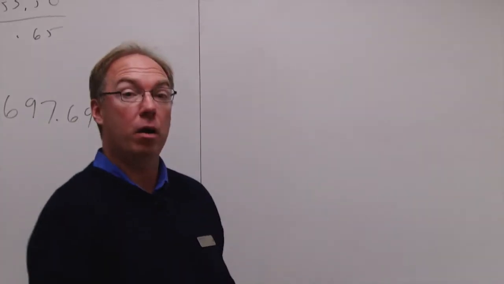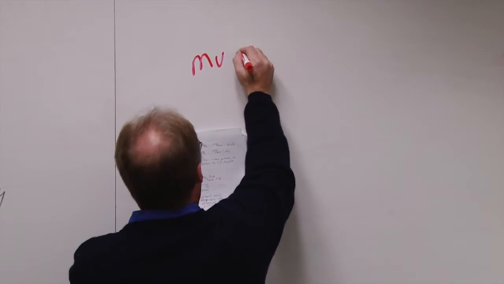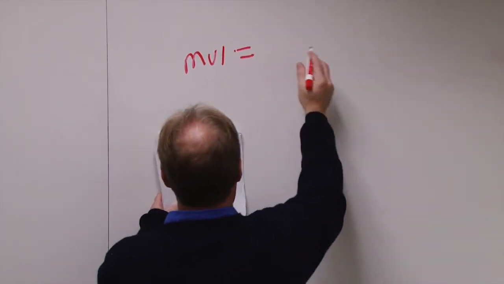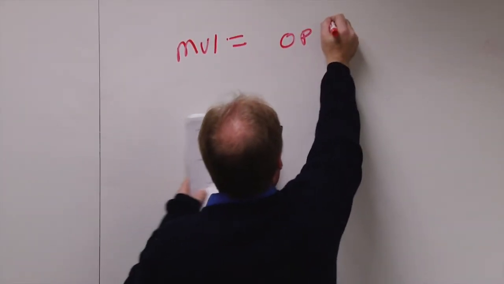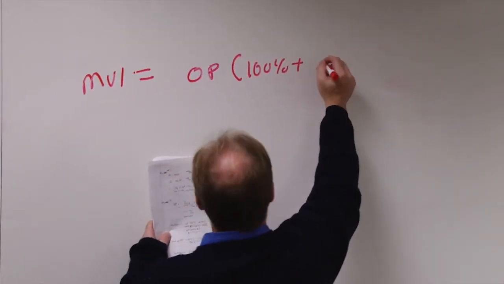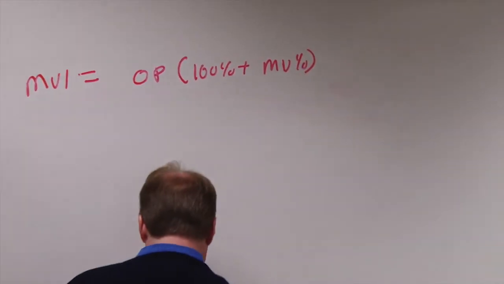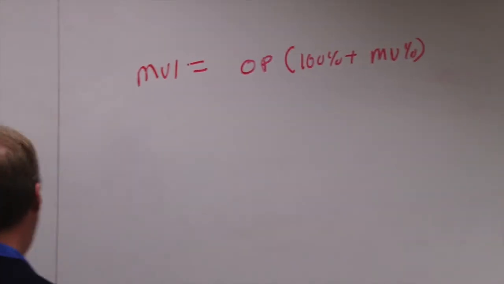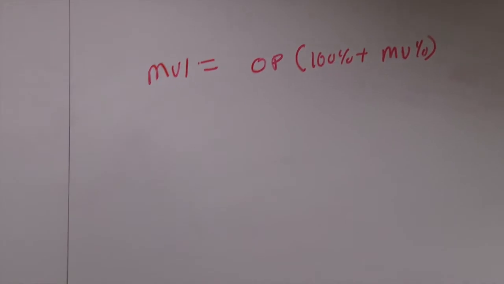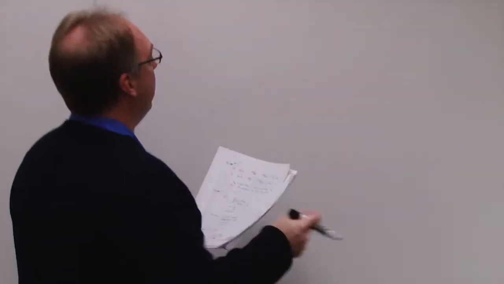So now we have a markup. So markup 1 is equal to the original price times 100% plus your markup percentage. Now, the price here that we're going to use is based on the last price that we figured out, after our first markdown.